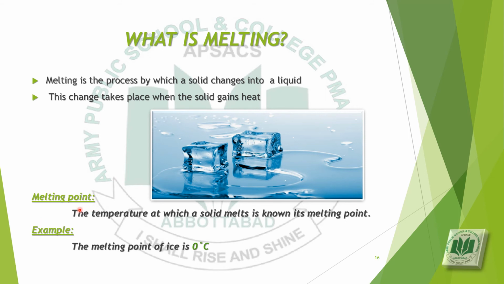Students, now what is melting point? The temperature at which a solid melts is known as its melting point. Students, when water starts to melt from ice form to water form, that exact point is called the melting point.